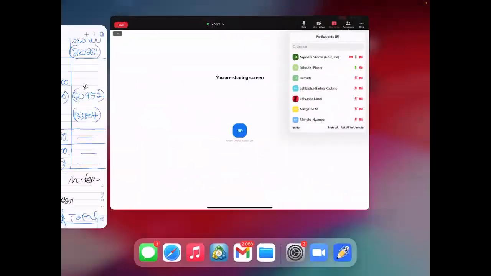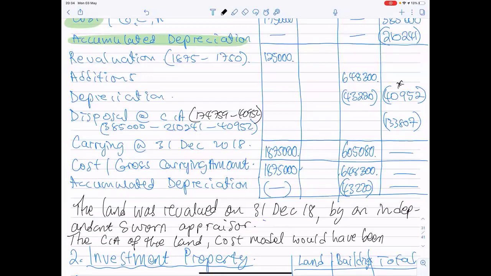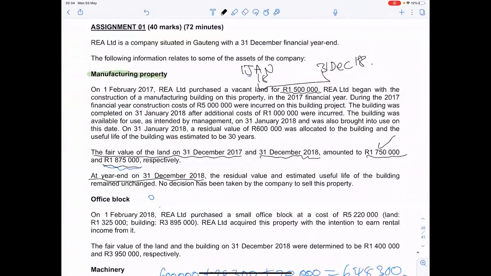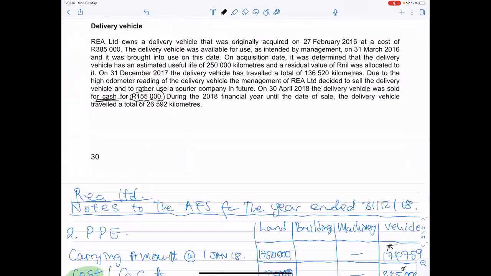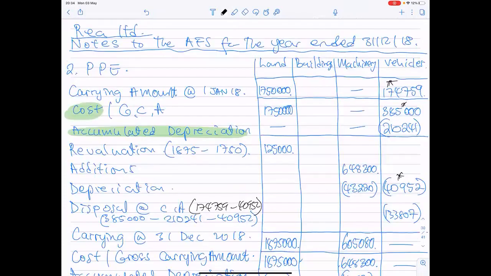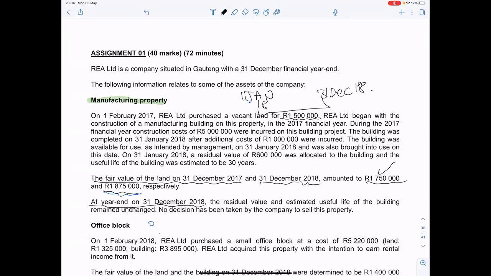Yes, what is the value of the land if it was shown under the cost model? You don't have the question there. Is 187, isn't it? No, the 187 is the value, the revalued amount. Now I want to say how much was it supposed to be shown as if it was shown at cost?